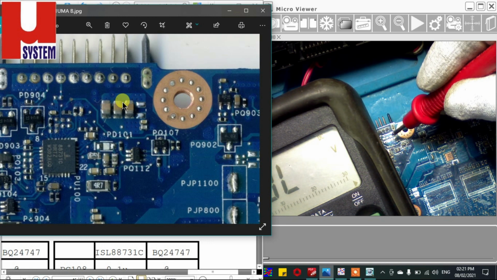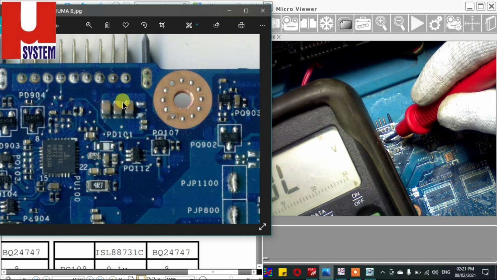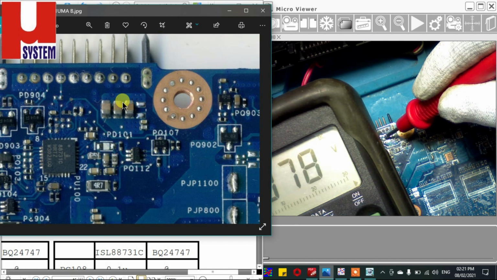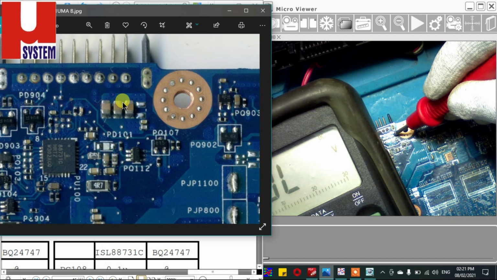I am talking about this PF. This 4 PF. Now I am going to check with it. The top side is all ground. 1, 2, 3 and 4. These 4 points are showing me ground.